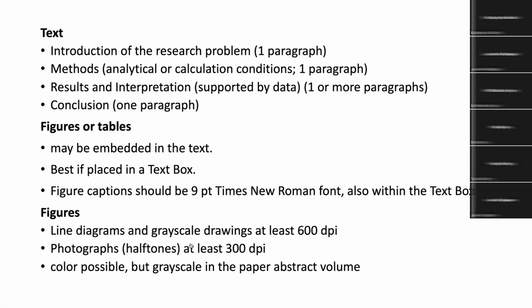Within the abstract, you can have text, introduce your research problem, provide your methods, results and interpretation, and your conclusion. You may include figures or tables that can be embedded in the text. Placing them in a text box is helpful. For the figures, there are some guidelines here to think about for what reproduces well. So please follow the guidelines.